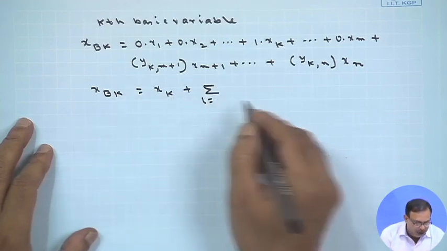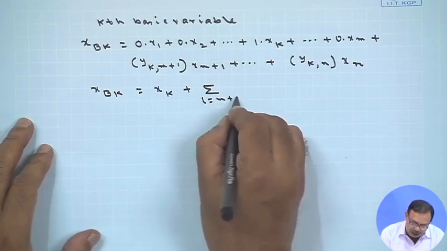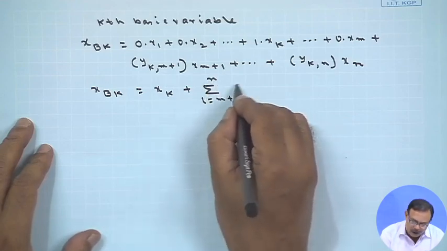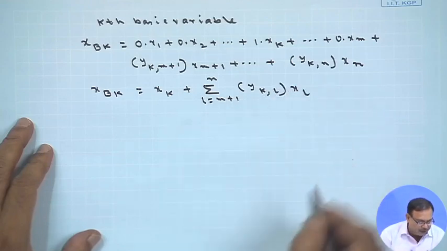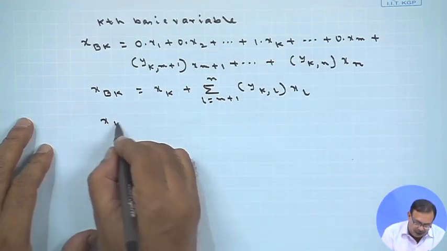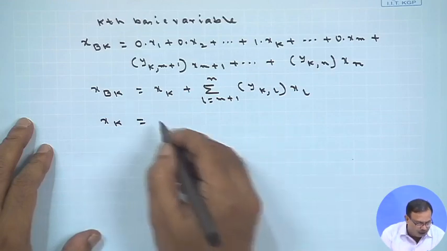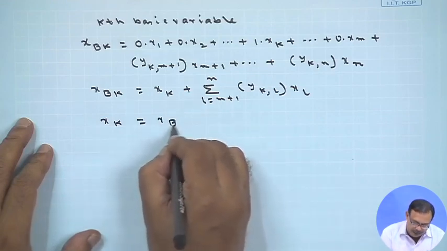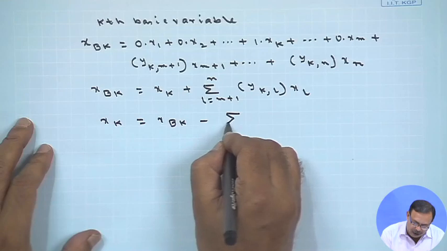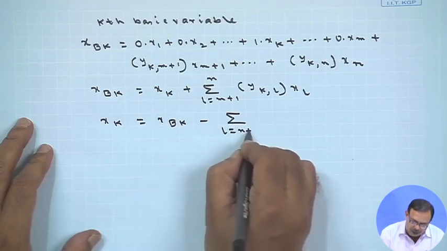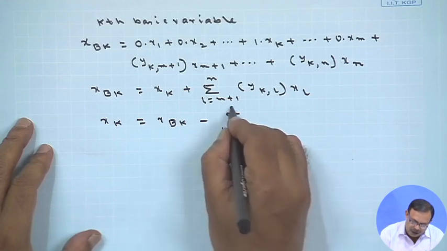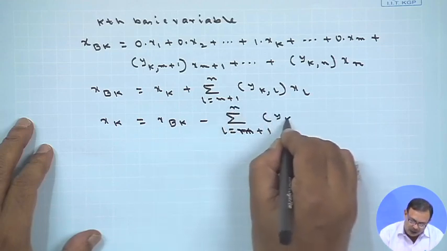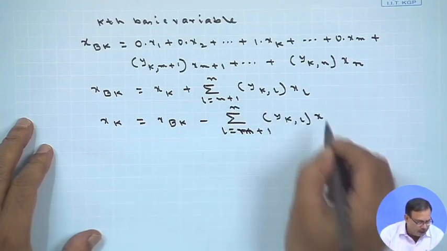summation l equals m plus 1 to n of ykl xl, and from here you can write xk equals xBk minus this quantity, summation l equals m plus 1 to n of yk,l into xl.